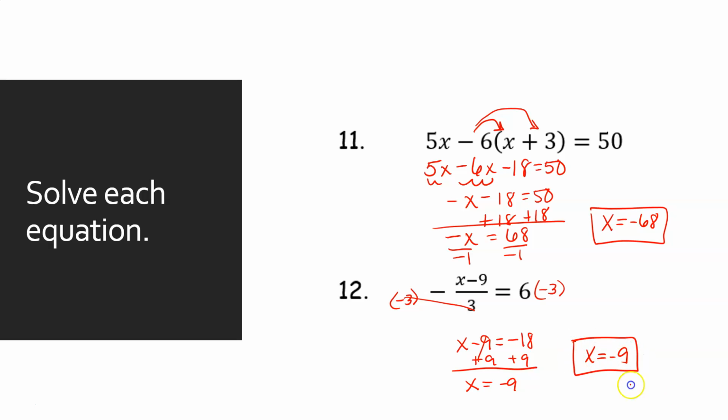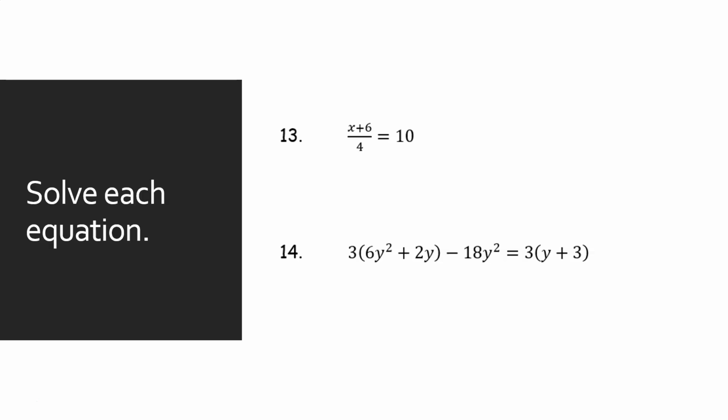All right, moving right along. Number 13, lucky 13. I'm going to undo this multiplication by multiplying each side by 4. So I have x plus 6 equals 40. When I subtract 6 from each side, I have x equals 34.